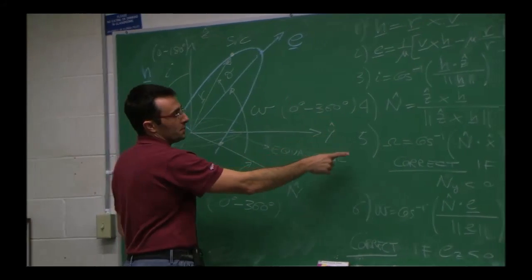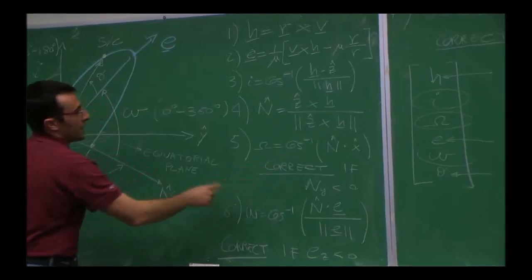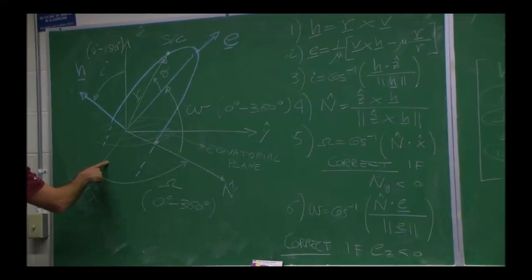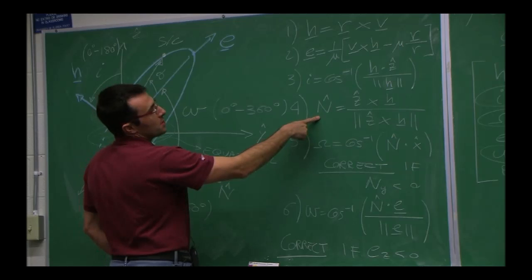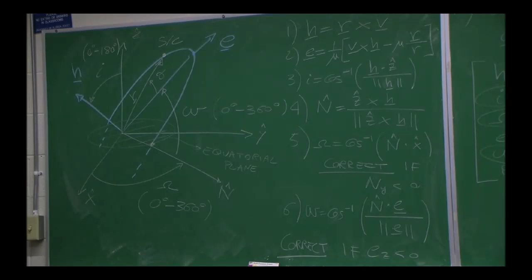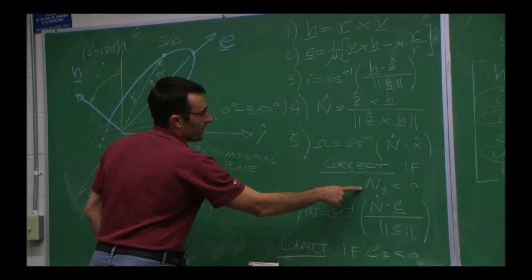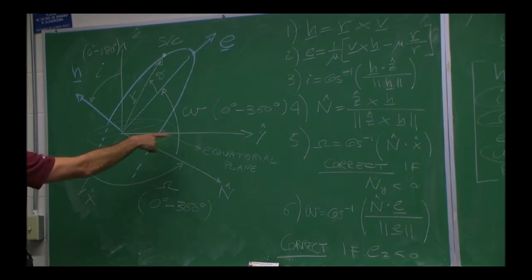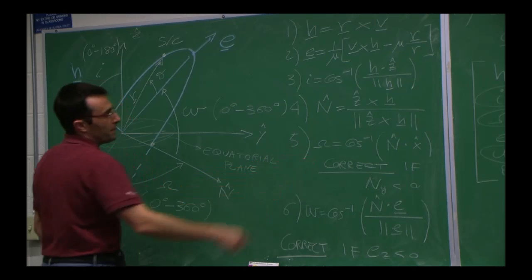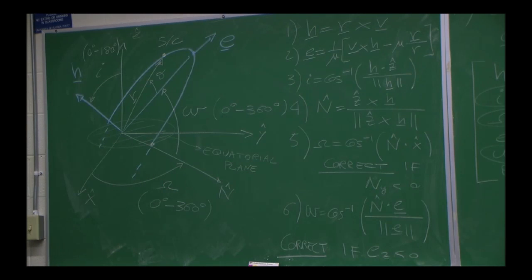I'm not going in order here, but that's how you do it. It's the arc cosine of the dot product between n and x. By the way, n comes from this cross product. Correct if the component of n, the unit vector on the y direction, is negative, just do the correction 2 pi minus omega. That's all you need to do.